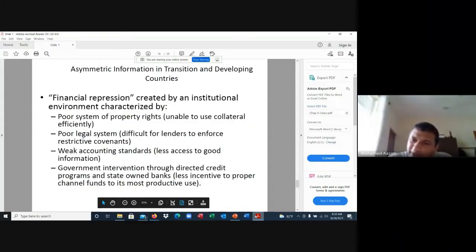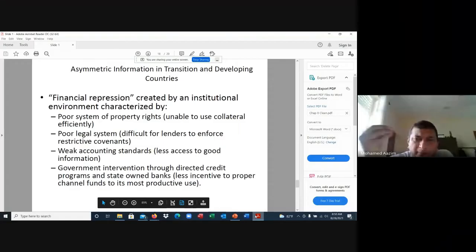The importance of information you will come to know as we move to other lectures in this course. Everything matters with information, right? So to some extent, these transitional and developing economies have these asymmetry problems arising from so-called financial repression.